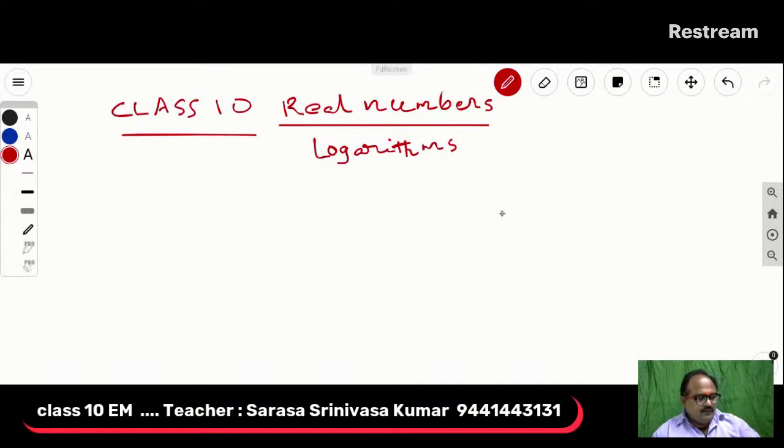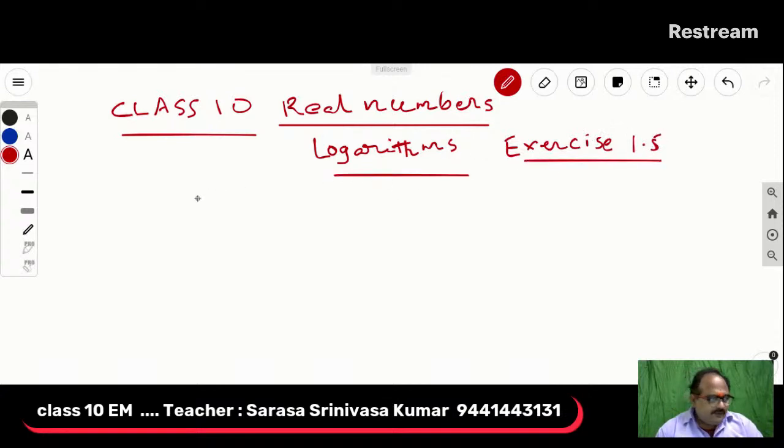Exercise 1.5. We are doing exercise 1.5, page number 23.